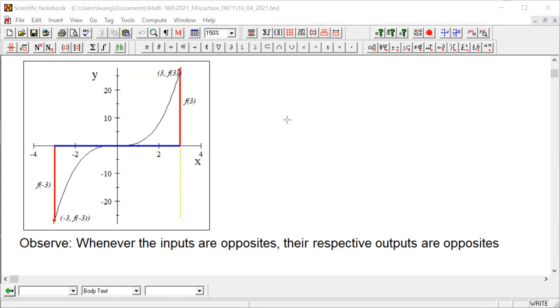Do you guys see that's yellow? So that piece is the opposite of f of 3. I'm sorry, this is too light. I'm going to change to a different color. So this is negative.